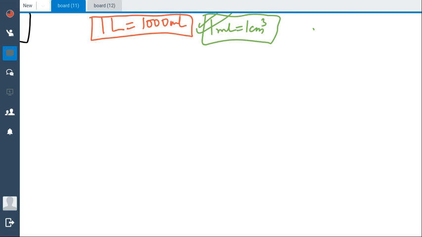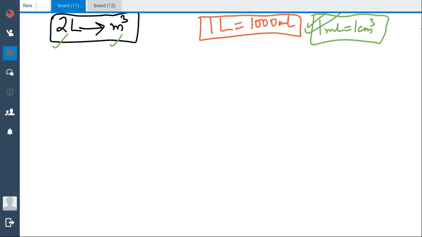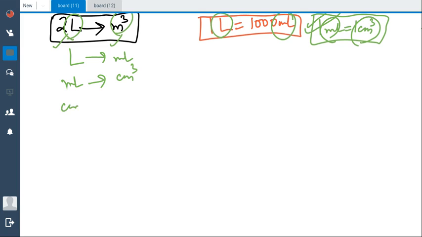Okay, now let's come back. We need to convert liter into meter cube. We know the relationship between liter and milliliter, then between milliliter and centimeter cube, and then we need to convert centimeter cube into meter cube.